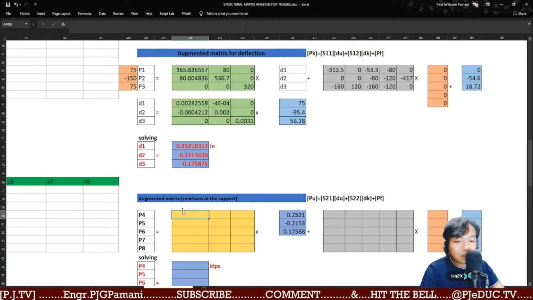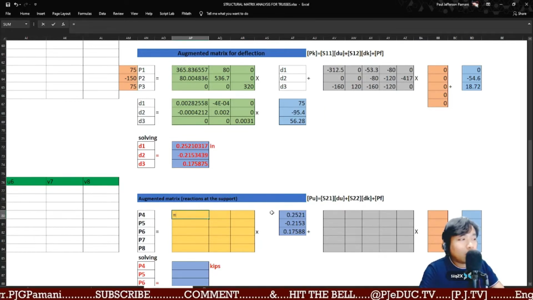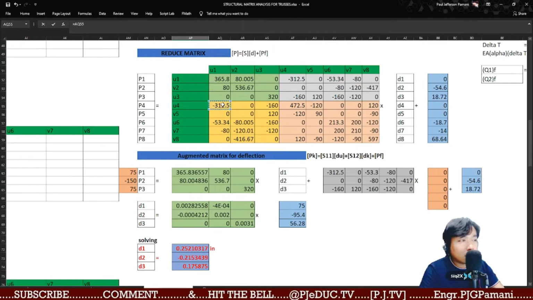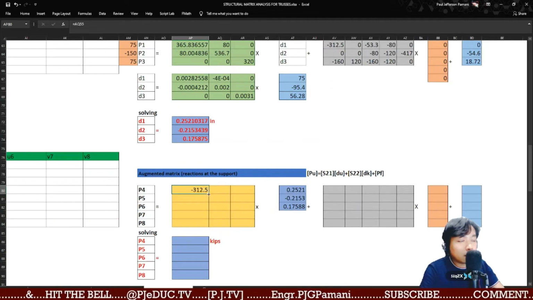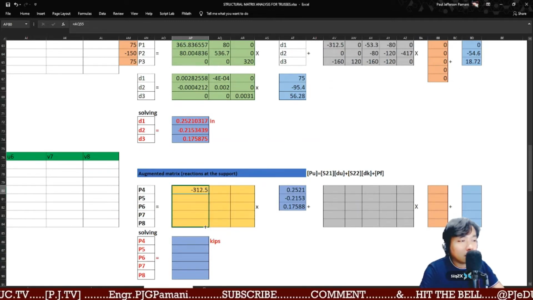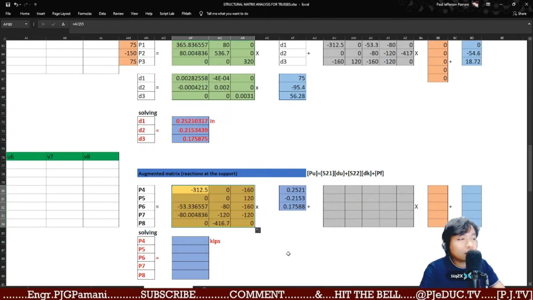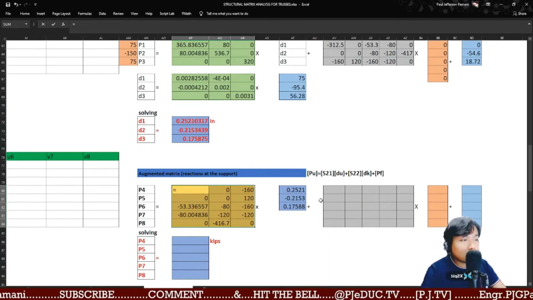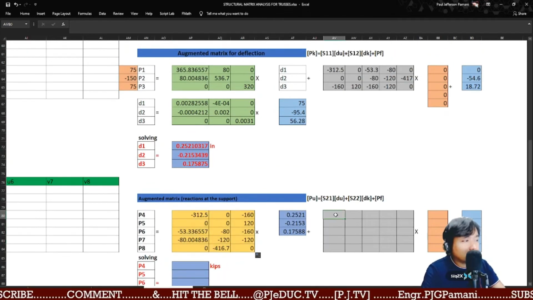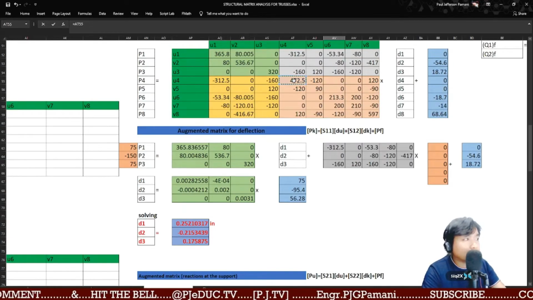So, ano dito si S21? Dito yung ating S21. Right? So, kopyahin na lang natin. Then, si S22, which is this one.